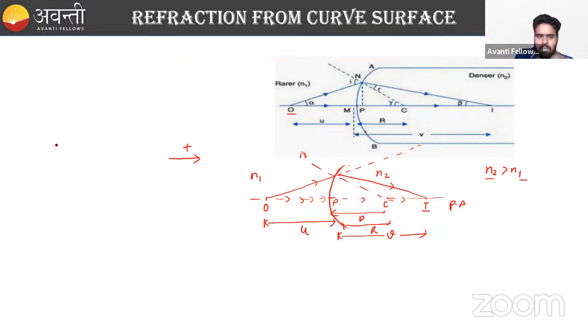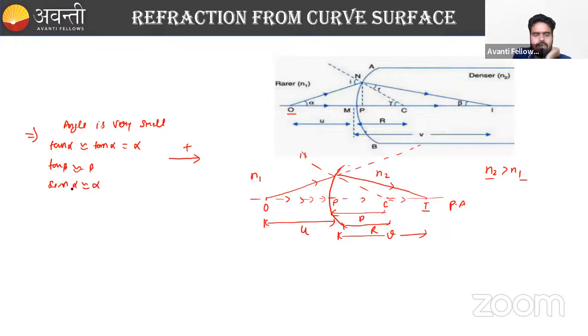So in this case, if the angle is very small, we can take the approximation. Whenever tan alpha comes, we can consider tan alpha equal to alpha, tan beta equal to beta, and sin alpha also equal to alpha.